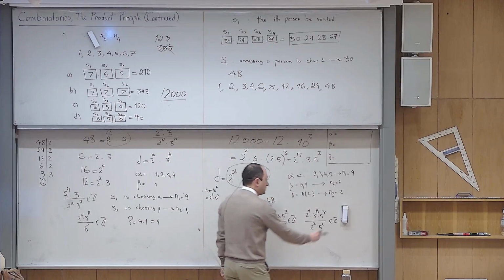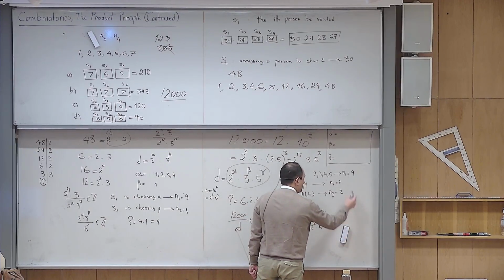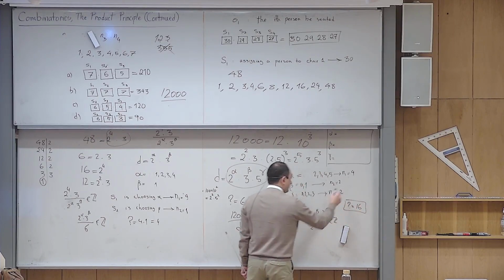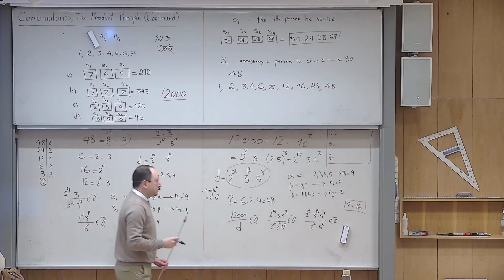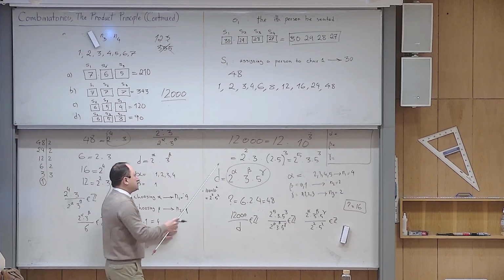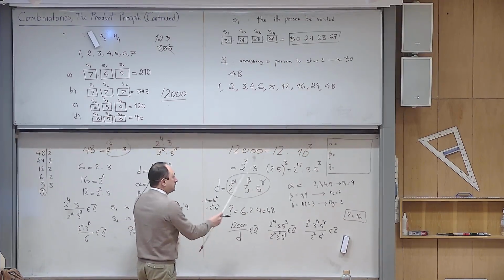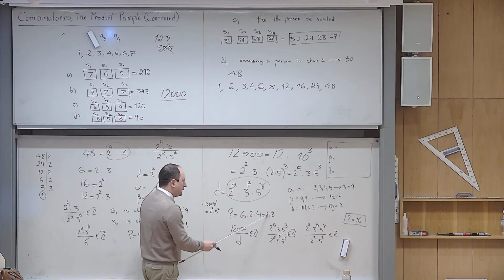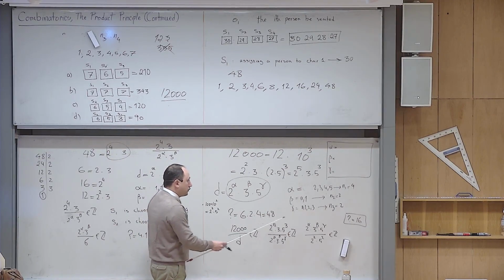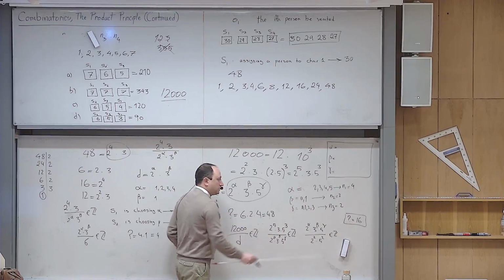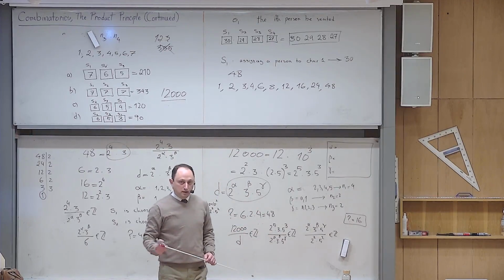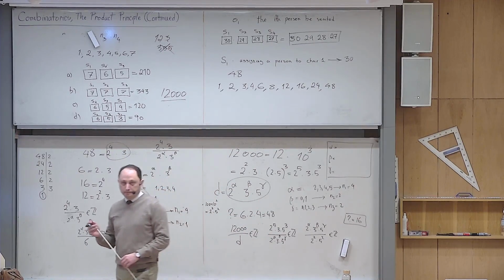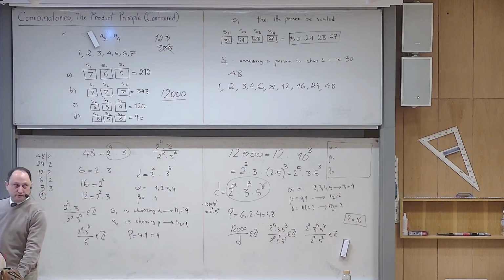Yes? So this means the question mark for this part is this times that, which is 16. So if you list all the divisors of this number, we get 48, but only a third of them, 16 of them, are also divisible by 100. Is that clear? Is that clear or not?